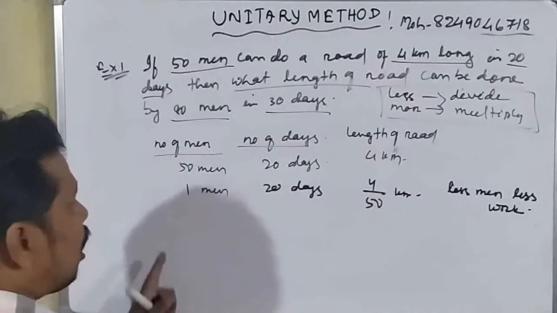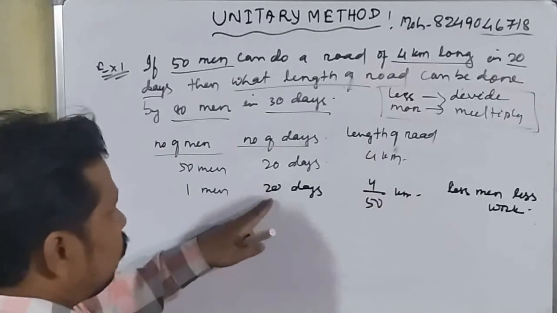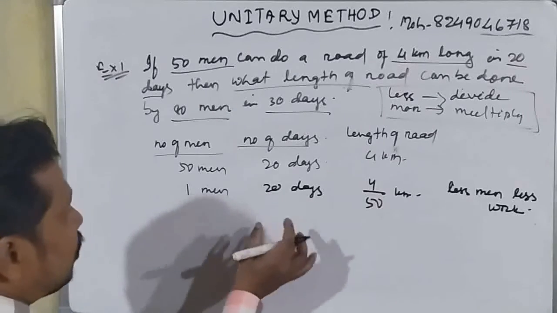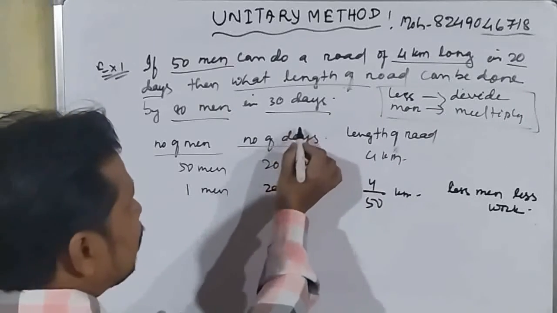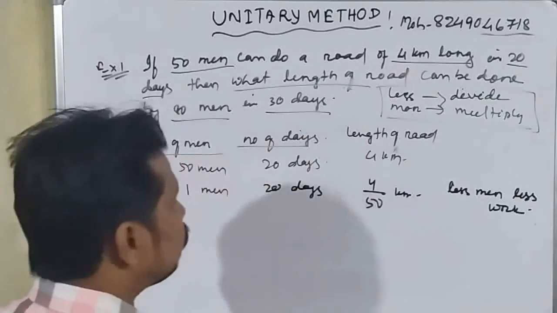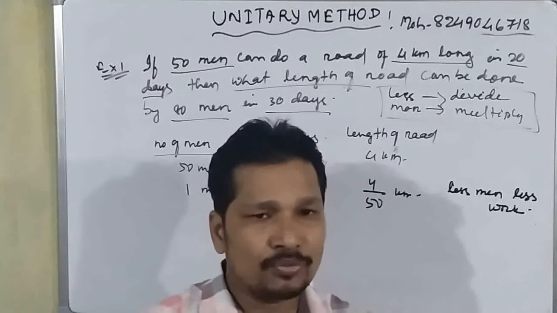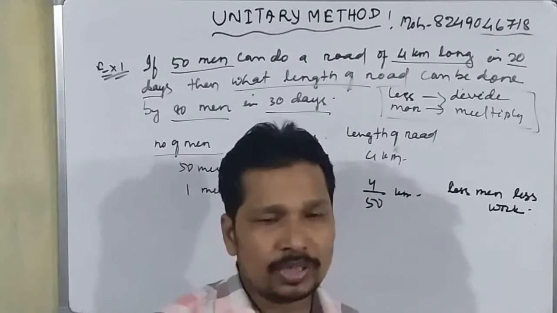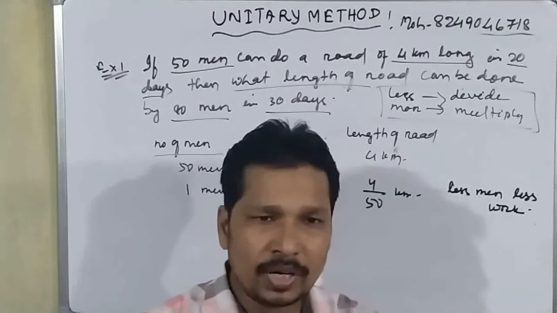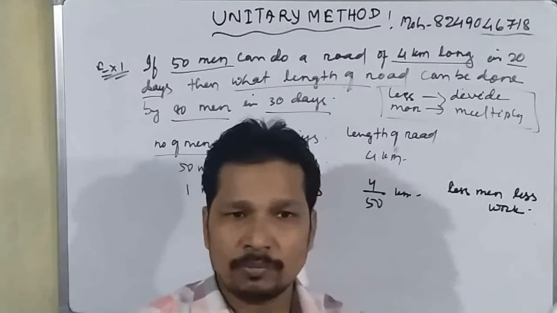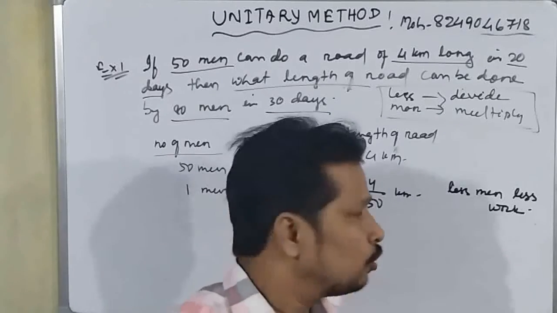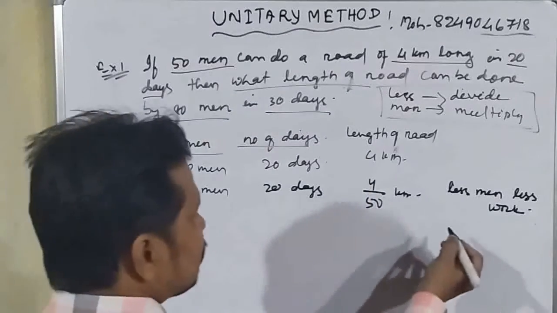Now again we have to find out 1 day. When we compare the number of days with the length of the road, if we give less time, then they will finish less work, and if we give more time, then definitely more work will be finished.